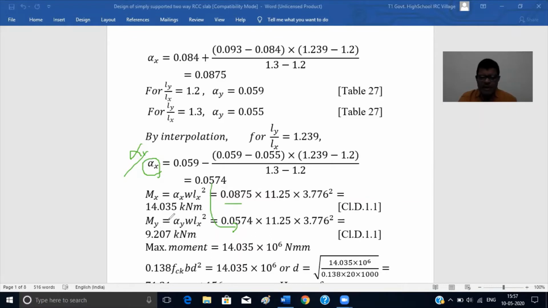Find the bending moments, out of which for the maximum bending moment you have to check for depth, what depth is required. Once you find the maximum bending moment, the maximum bending moment is equal to the ultimate moment. The ultimate moment, as we have seen for Fe415, is equal to 0.138 fck b d square for a balanced section.